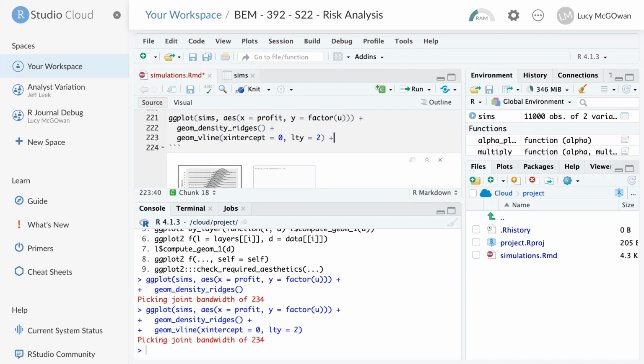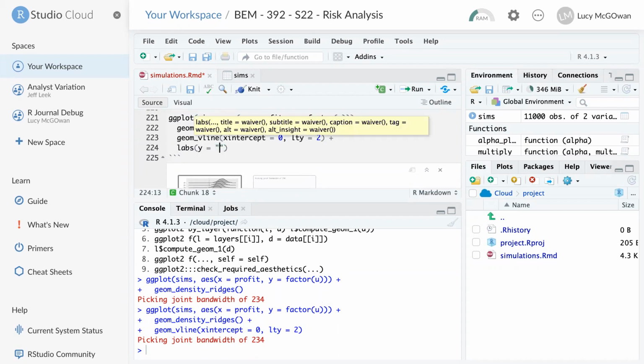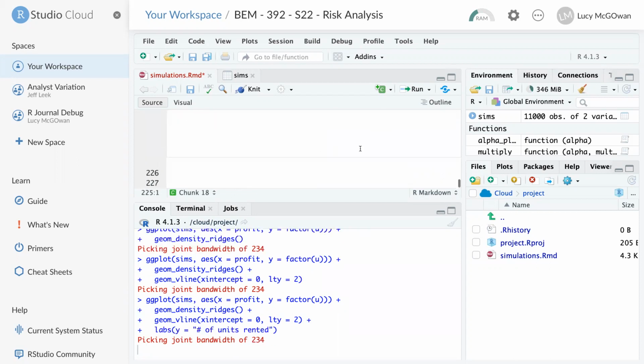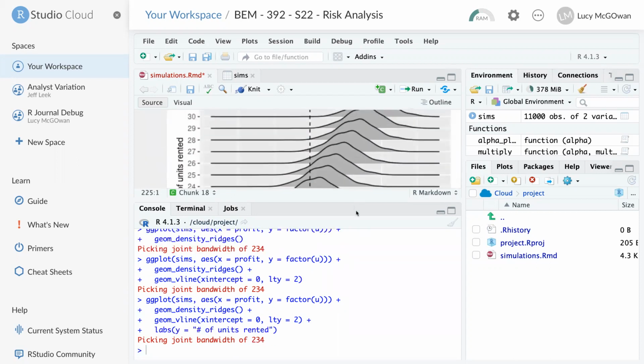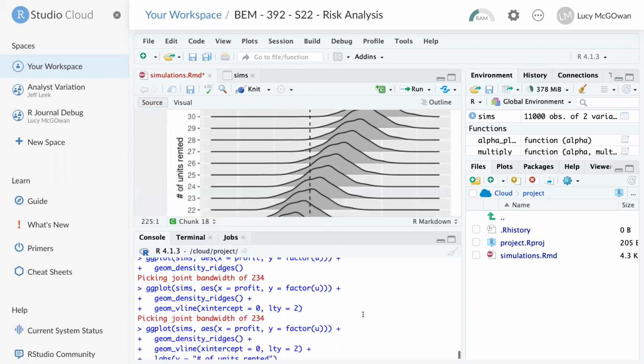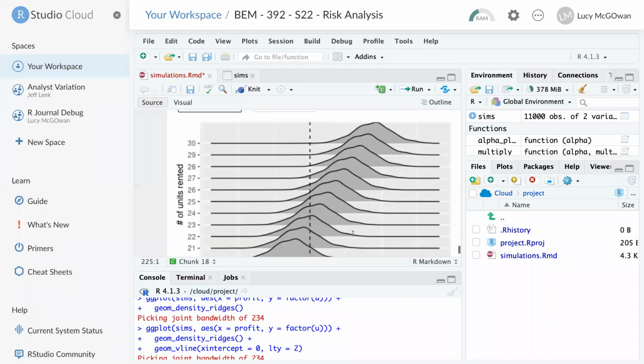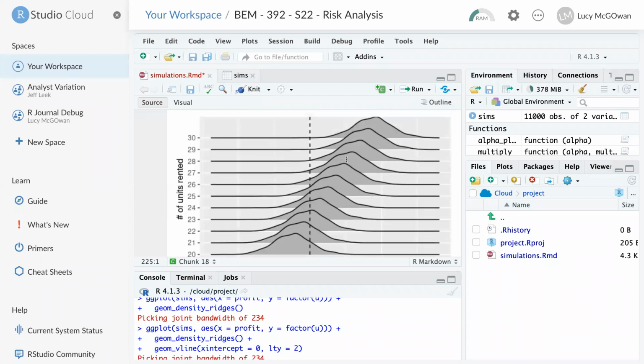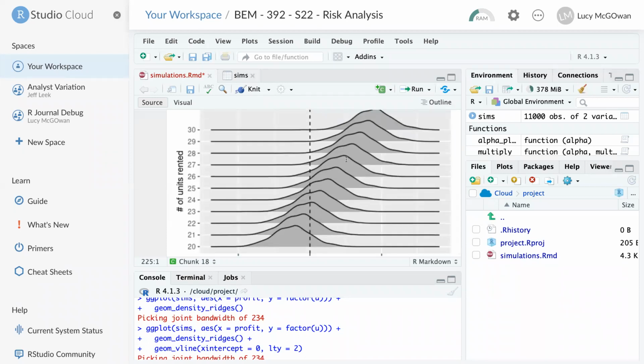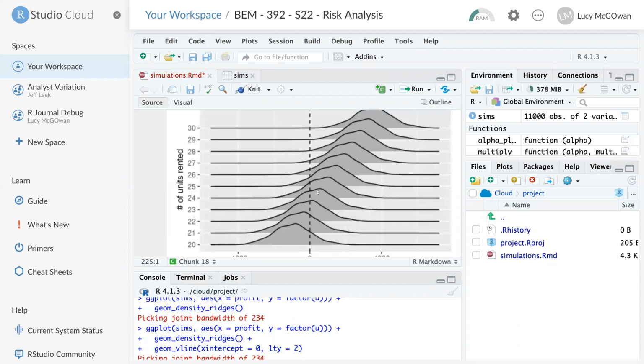And I can update my labels here to number of units rented. Okay, so I think this gives a little bit of an easier to look at picture in this particular case of our sensitivity analysis, looking at how sensitive our probability of profitability is to the number of units that we've rented.